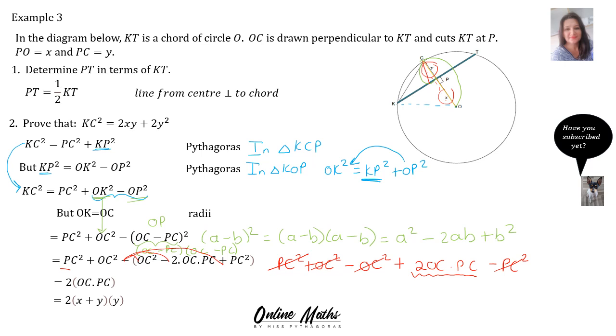That's where the y comes from. So let me rephrase that: OC is x plus y, PC is y. Then in the next step, you multiply in the 2 and you multiply in the y, and you get on the left-hand side, well, still KC squared is 2xy plus 2y squared.